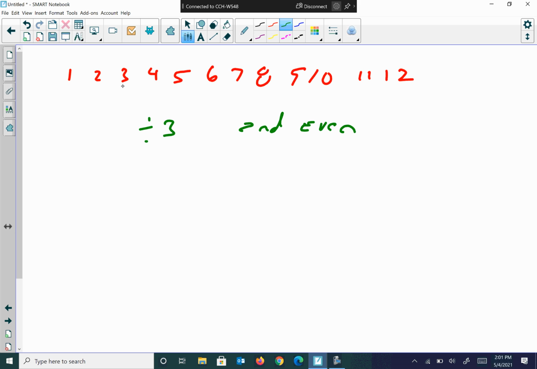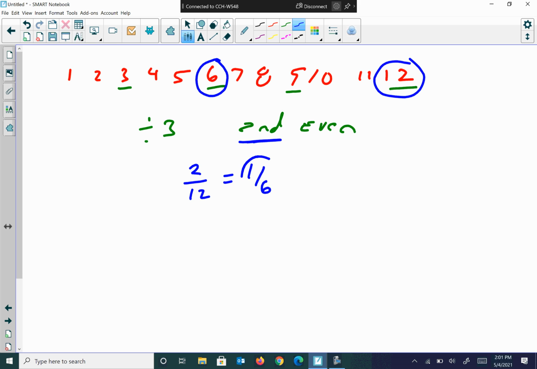Okay, so divisible by 3, these are the ones that are divisible by 3, right? These are even. So that's 2 out of 12. And the reason we're using that is we're dealing with the and. So we have a 1 in 6 probability that the card that we draw out of these 12 cards is divisible by 3 as well as even. So we don't have to take something away because it was an and.